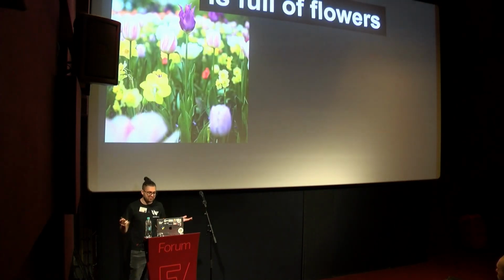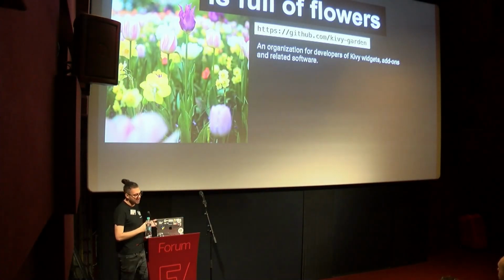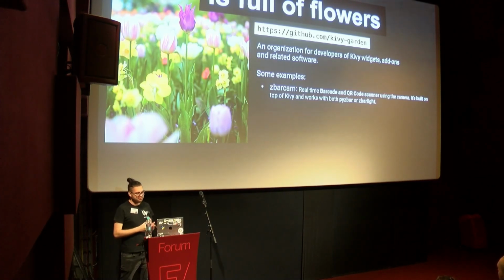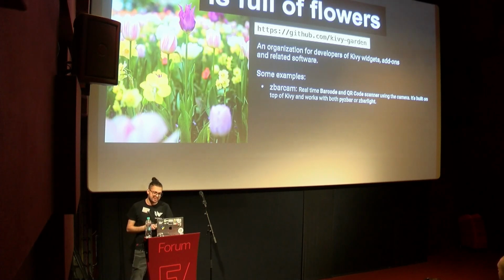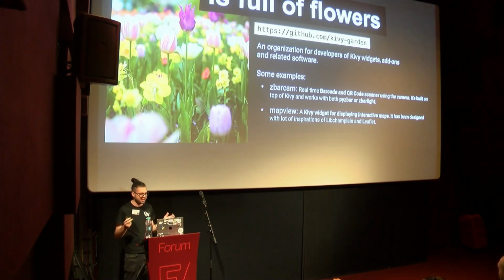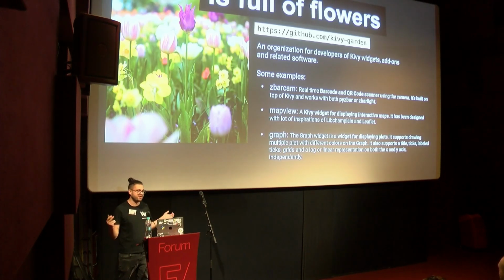Kivy Garden is full of flowers, and our flowers are Kivy widgets, add-ons, and related software. Some examples are ZBarCam, which is a real-time barcode and QR code scanner using the camera. Or then we have MapView, which is a Kivy widget for displaying interactive maps. Or we have a Graph for graphing things.